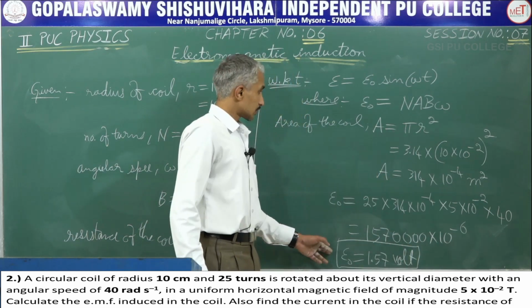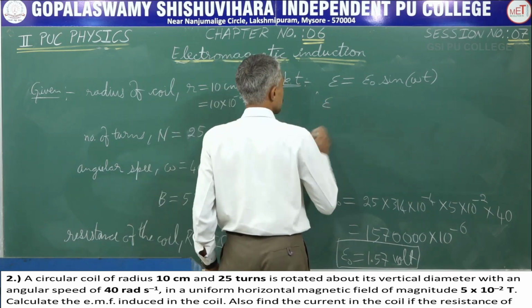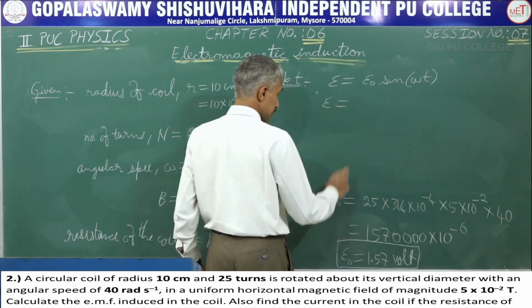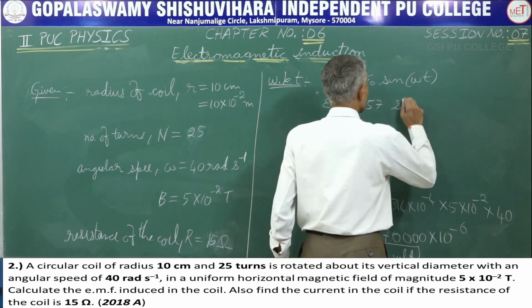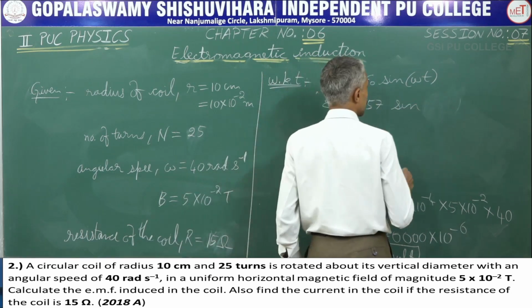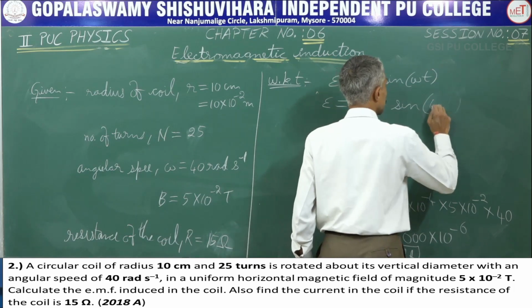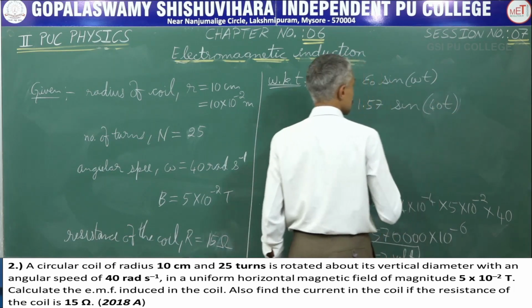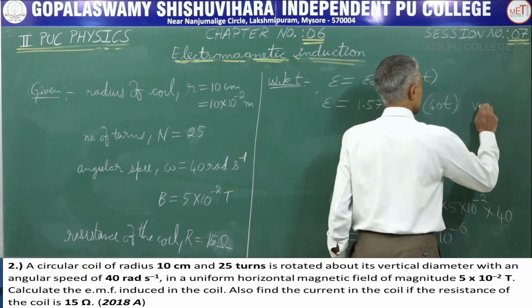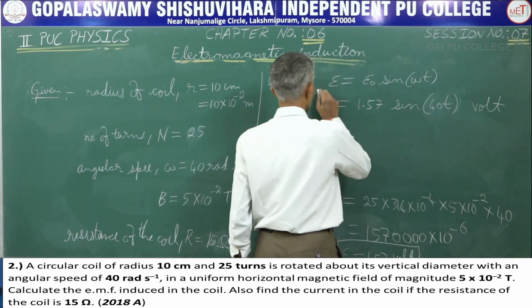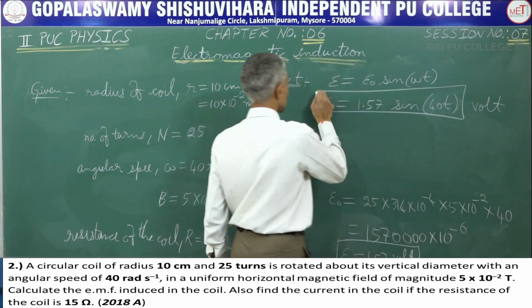We are not finished, we will further continue. The EMF induced is epsilon naught, which is 1.57 into sine of omega t, where omega is 40 radian per second, so sine of 40t. The time has not been given here, so we will stop here, and this will give us the induced EMF.